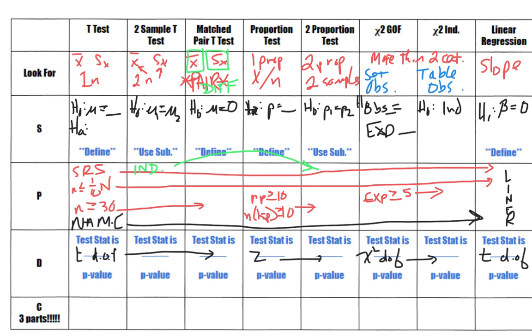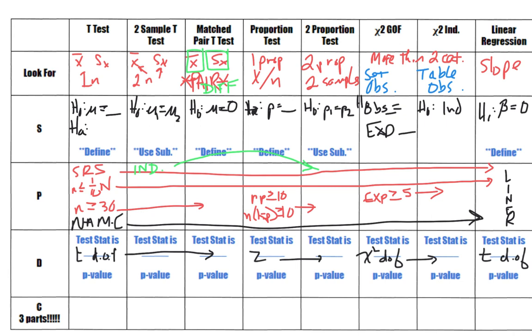Now remember here for these t statistics, the degrees of freedom is sample size minus 1, and for linear regression it's sample size minus 2. Okay, so remember, report your test statistic, and if degrees of freedom are necessary, the only time it's not is the proportion test. And then give your p-value. Okay, so the do should have two pieces to it.